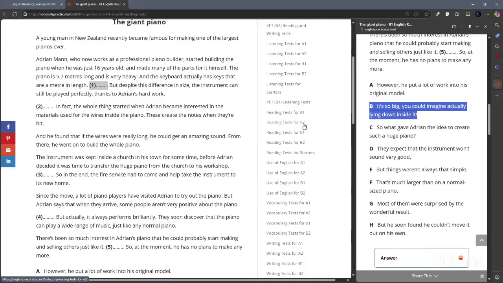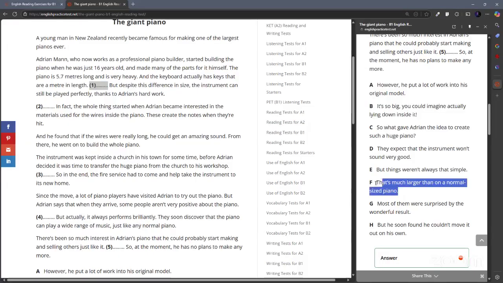Okay, but then the other sentence talks about despite the difference in size, and normal, and they are not. It is comparing a normal size piano with this larger piano.